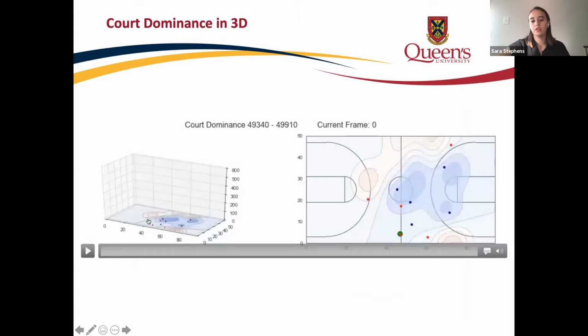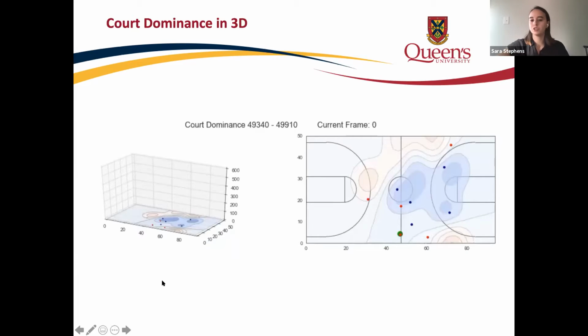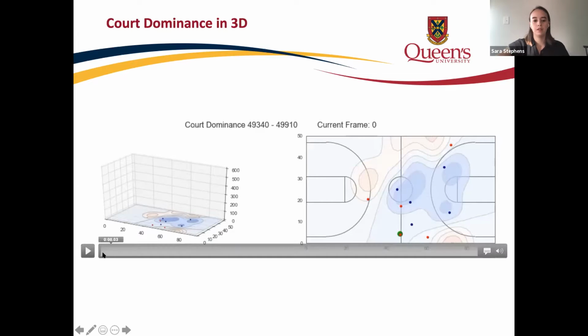So this is the same model in 3D. You'll see the dominance region shifting on the right-hand side, and the left-hand side will be it displaying over time. So this is no passing channels, just going through the areas of dominance.